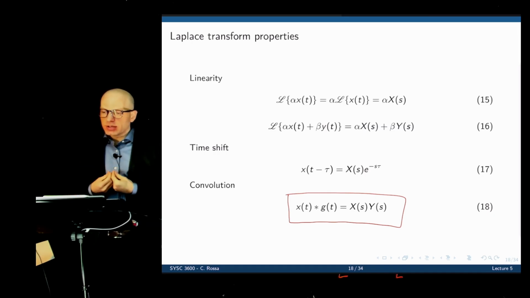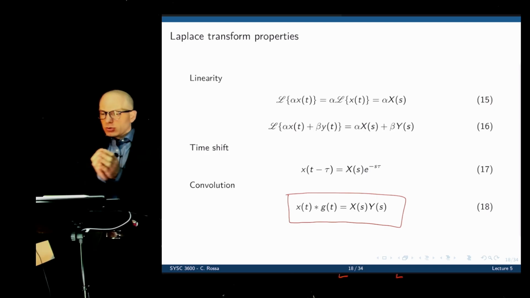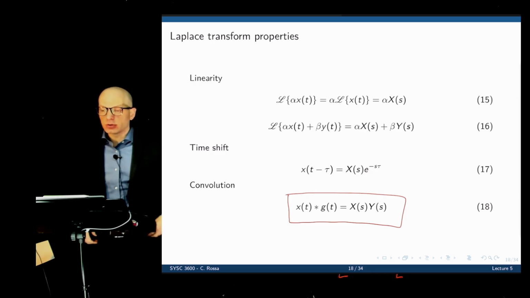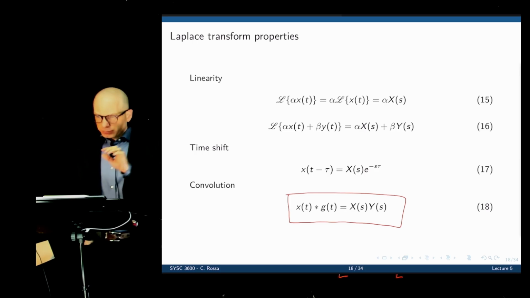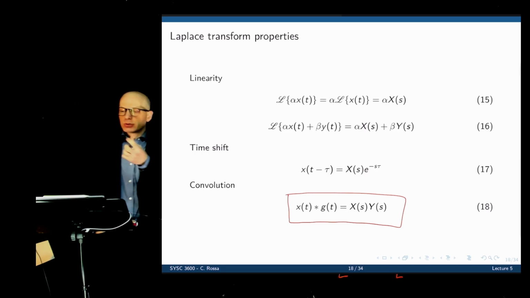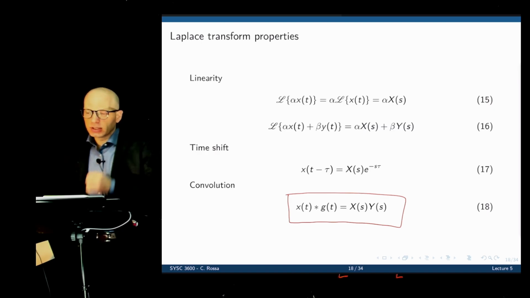The model will give us the impulse response. We can multiply that model with the input, and that is the same as taking the convolution of the 2 signals without having to do that crazy graphical integration. So this property we're going to use most of the time. So just keep that in mind. When you multiply 2 signals in the Laplace domain, what you're actually doing is taking the convolution of them.